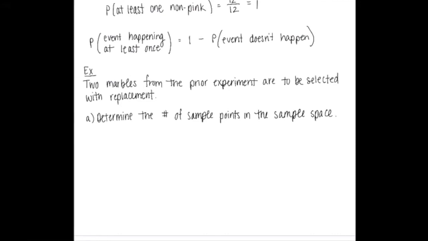So in total, how many possible outcomes? 16, perfect. So you've got 4 on the first draw, 4 on the second, for a total of 16. So I'll label each of these. You pick from 4 marbles.